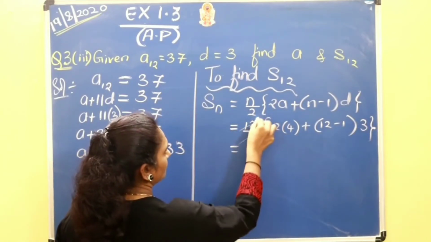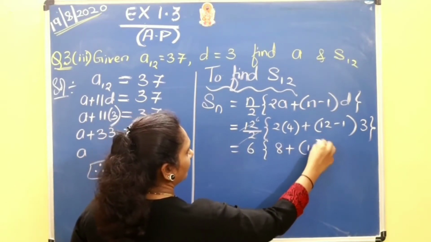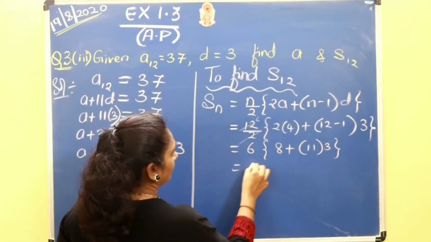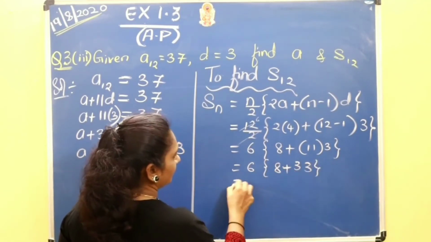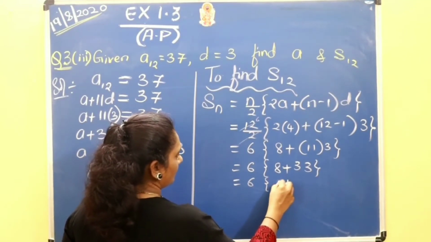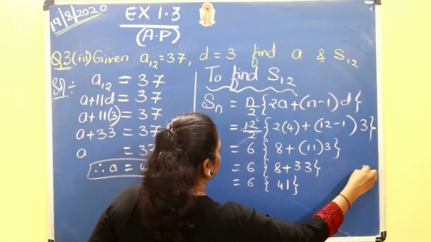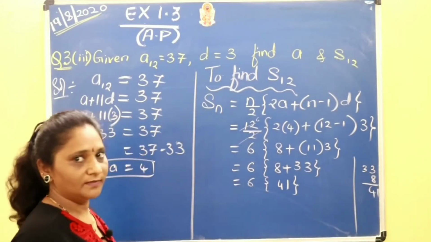Substitute the values: 2 ones are 2, 2 sixes are 12... 2 into 4 is 8, 11 into 3 will give you 33, and 33 plus 8 will give you 41.